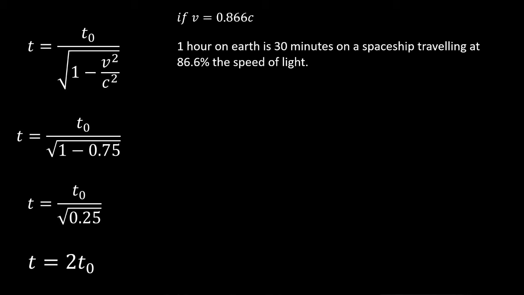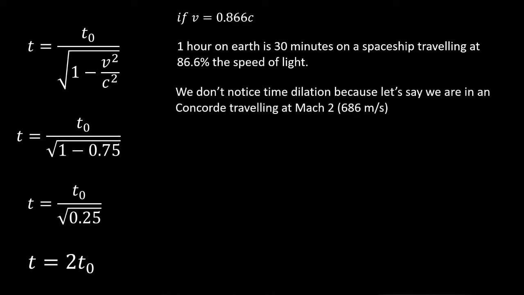Let's now use a more terrestrial example. Let's imagine you spent your whole life of 80 years travelling on a Concorde at twice the speed of sound, which is 686 meters per second. Now, the speed of light c is 299,800,000 meters per second.